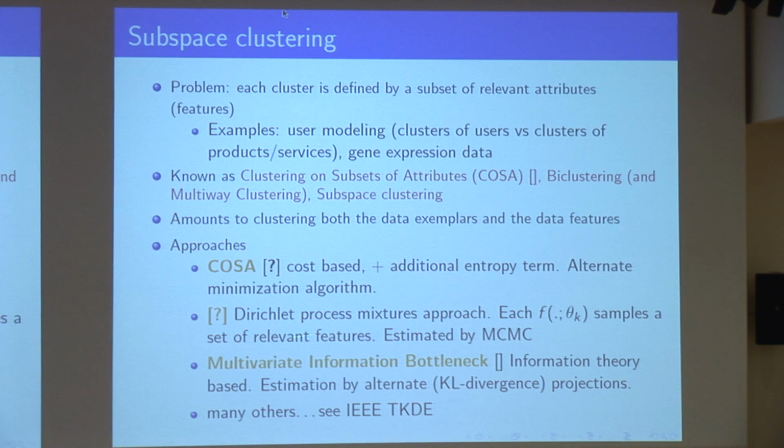Actually, this one is a fully probabilistic approach. It says, OK, Dirichlet process mixtures, as you saw them yesterday, but I'm going to augment the model every time I sample a new cluster. Yesterday, we said every new cluster is a new Gaussian sample from the prior. Now, every cluster is, let's say again, a Gaussian, but I'm going to also sample a set of attributes.